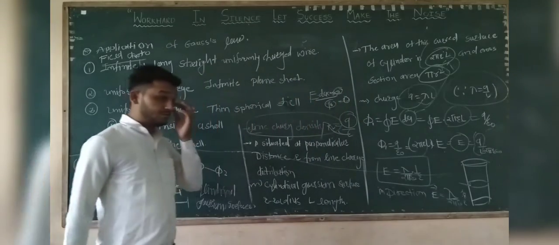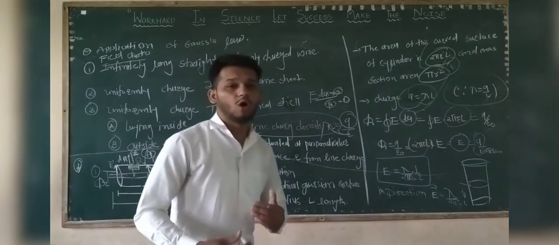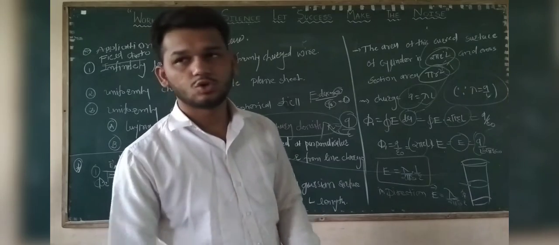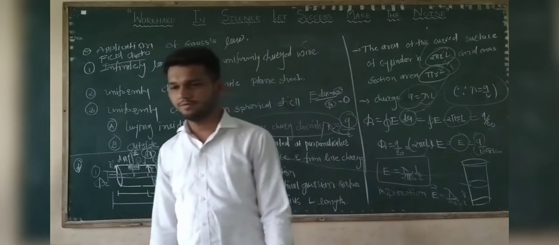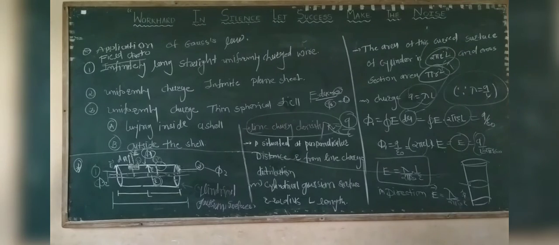So one conclusion is that whenever we are talking about a long straight infinite wire, the electric field varies with the inverse of the distance r.